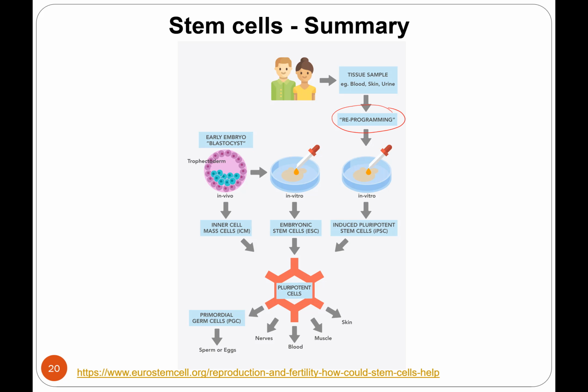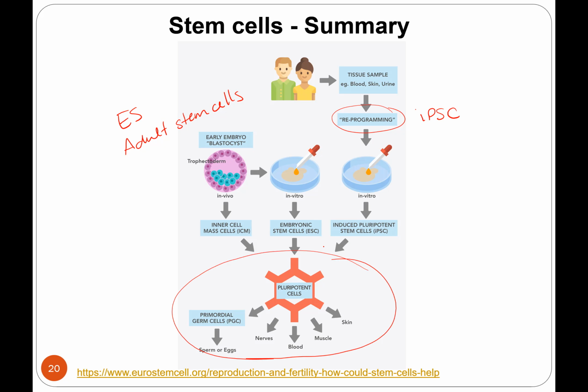So you can do the reprogramming, the induced pluripotent stem cells. You can get embryonic stem cells. You can use adult stem cells, all depending on your application. Okay. And then, again, the whole idea is to make cells to help fix your body.